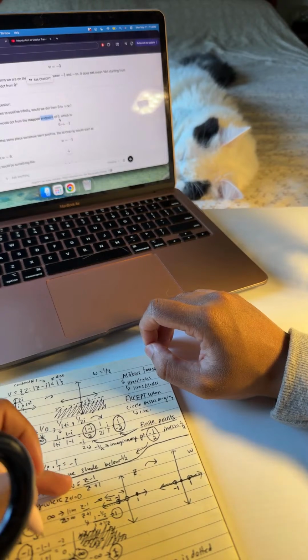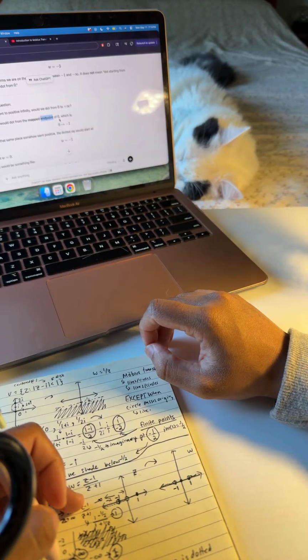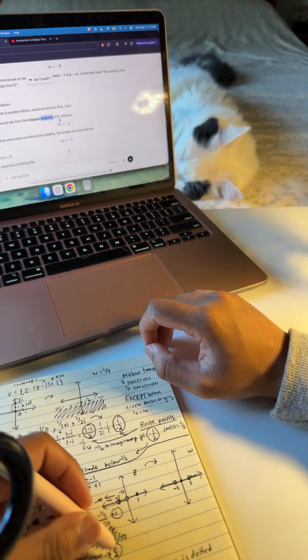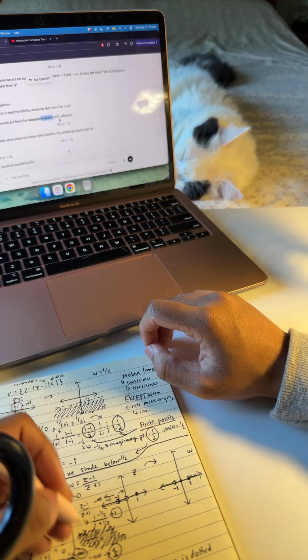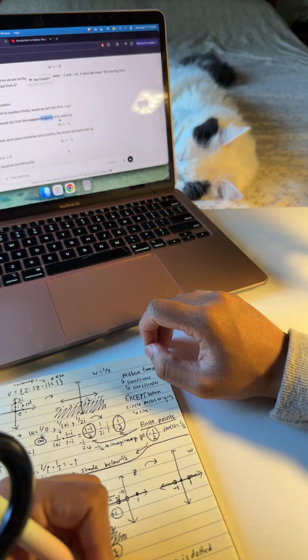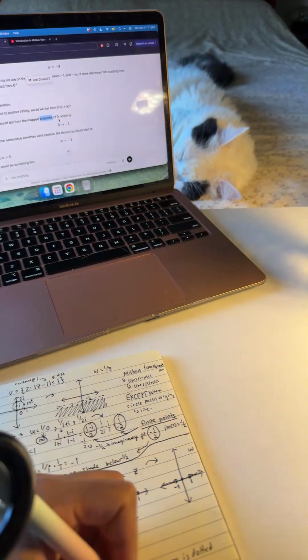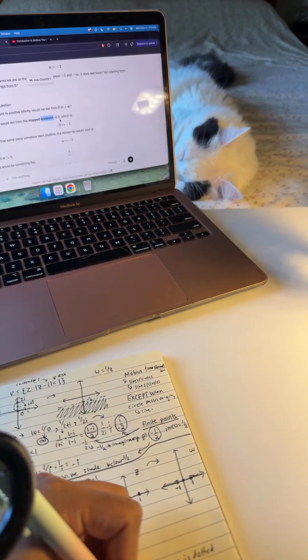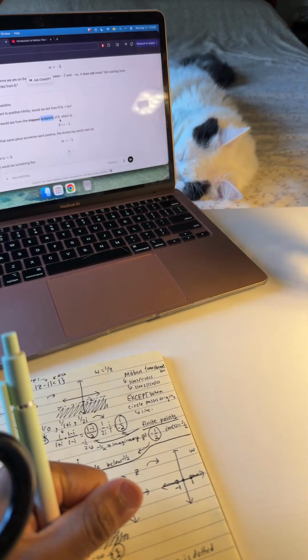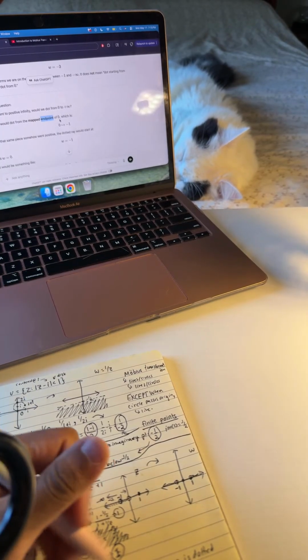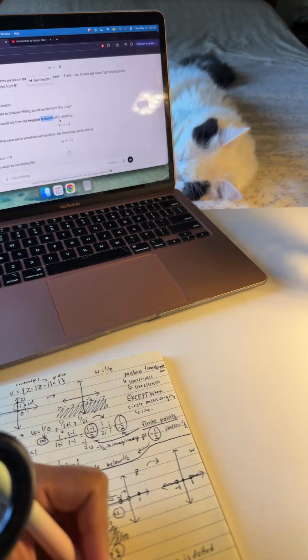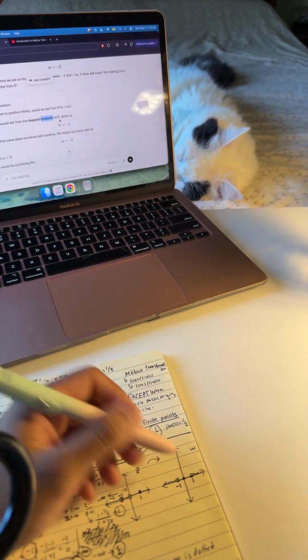The endpoint here is at 1. So 1 goes to 3. Oh no, 1 goes to positive infinity. That's just the direction. It's not anything part of the plot. So that's how it looks.